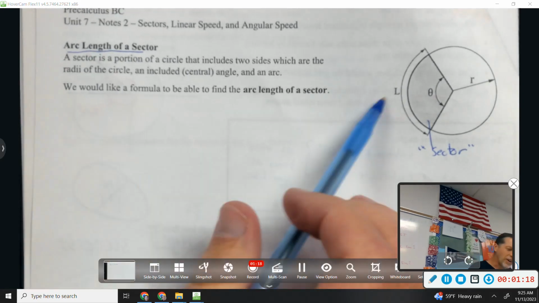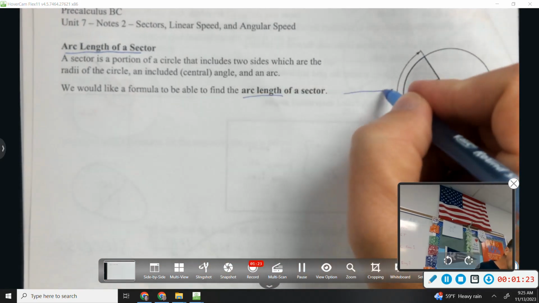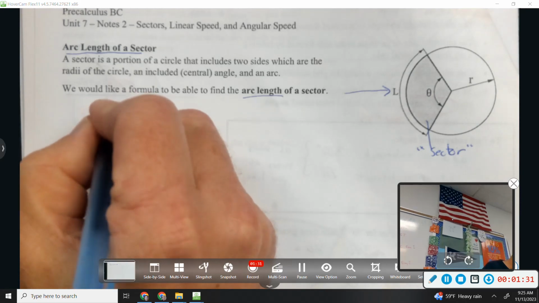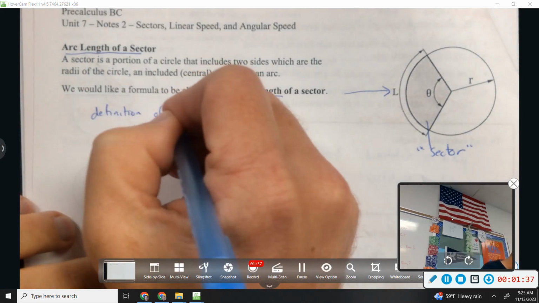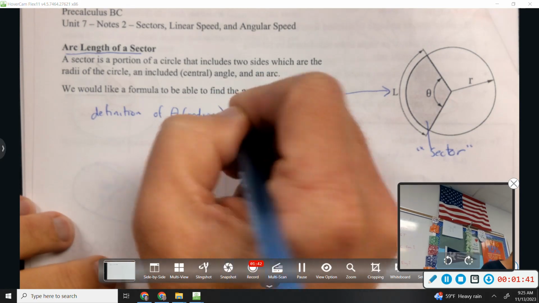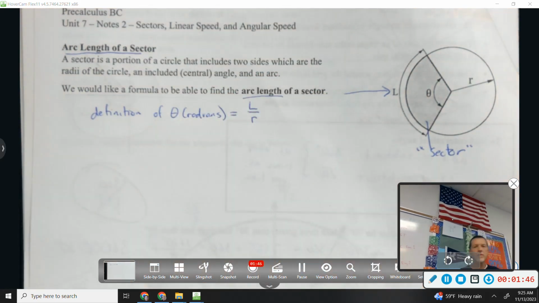All right, back to arc length of a sector. So we want to know this L, how long is the arc length of the sector? Let's back up a second. I said it briefly on Friday, and that is the definition of theta in radians is arc length divided by r.